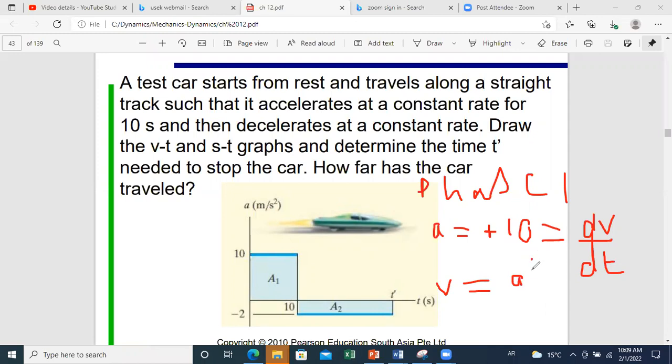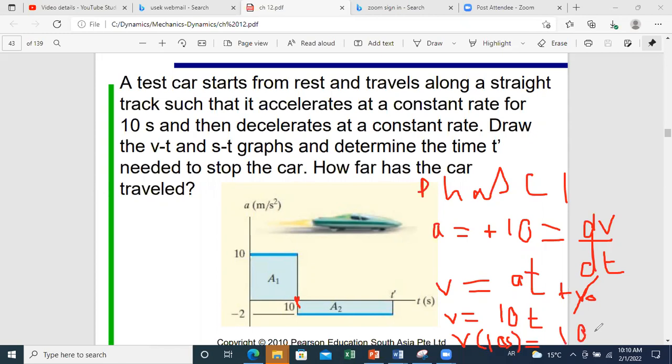And since v0 is 0, it will cancel out. And the value of a is just equal to the slope, which is 10. So during this phase, velocity is equal to 10t. Now once I have the equation, I can determine the velocity at 10 seconds. I just replace: v at 10 seconds is 10 times 10, equal to 100. So I obtain exactly the same result as the graphical method.